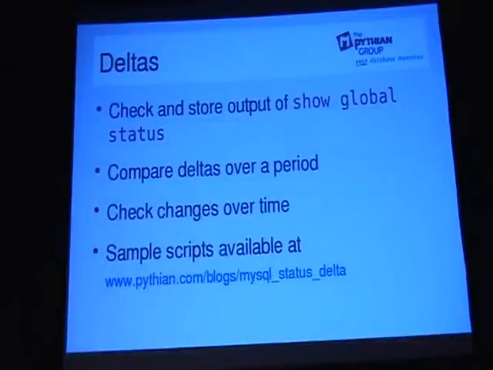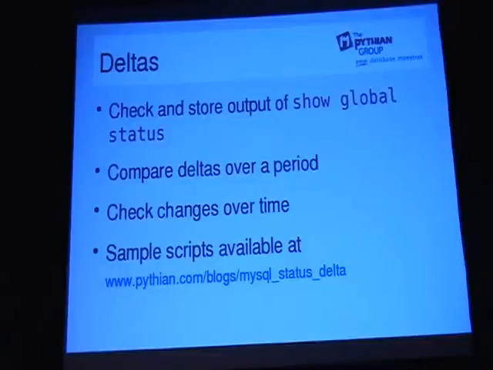One other tip that can help you tune effectively is deltas. What you can do is look at all the status output that I have talked about over a period of time. So when you make a change in a specific area, track that status variable over a day, a week, whatever you have. And that will tell you how your tuning affected the database. Is it going down?